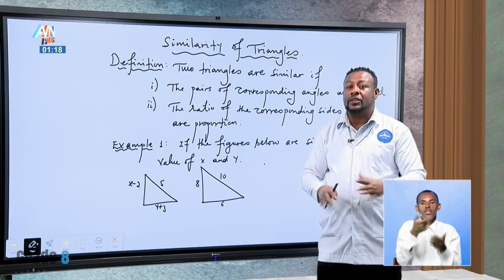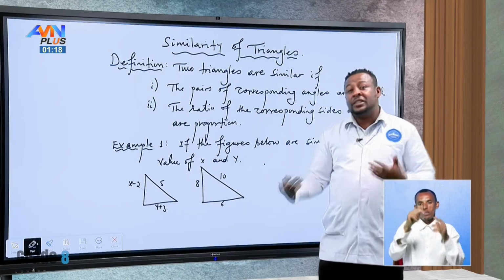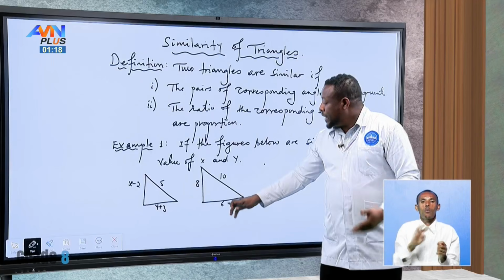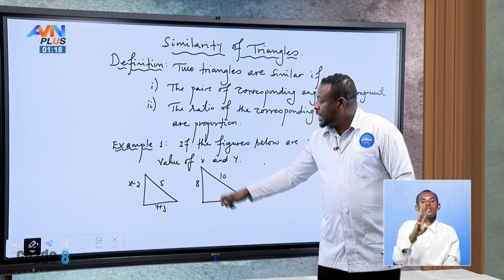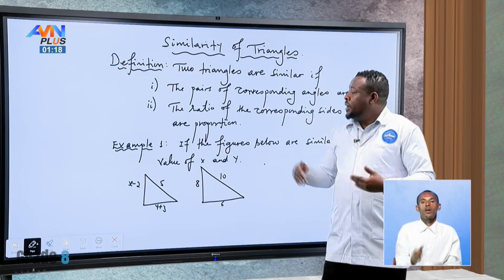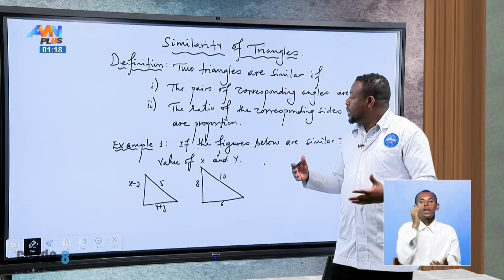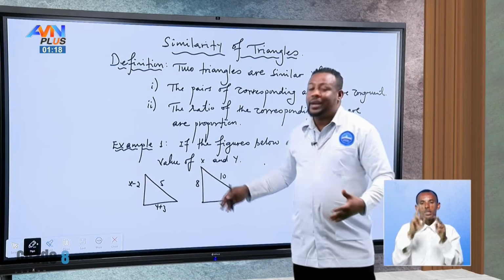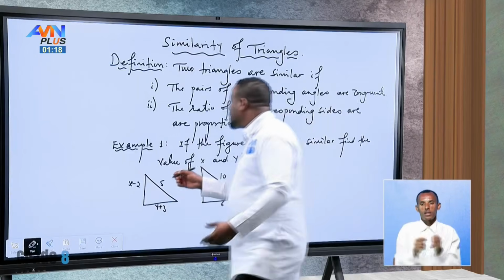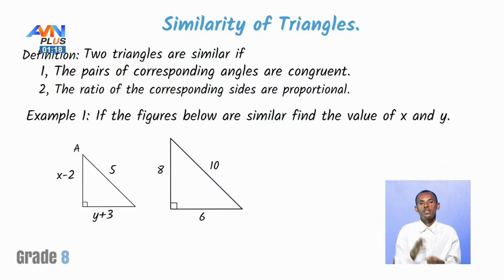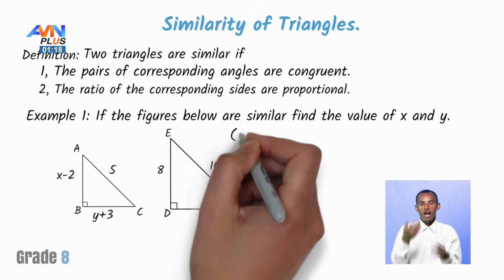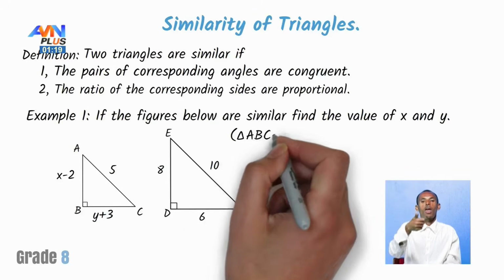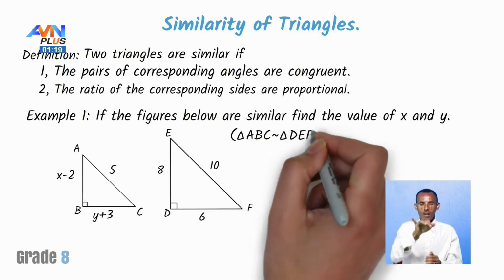The second triangle is a triangle with sides 6, 8, 10. Okay, these are the sides of the two triangles. Here, if we consider these two triangles are similar, say the vertices are A, B, C, and to make it clear, D, E, F. Assume that triangle ABC is similar to triangle DEF.